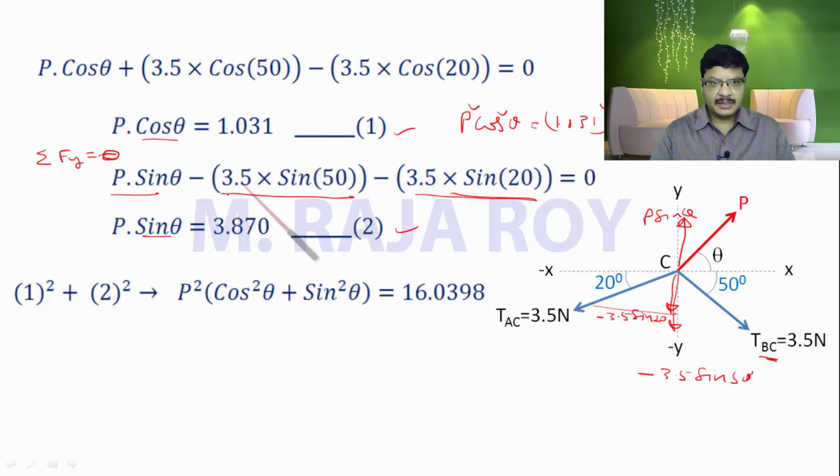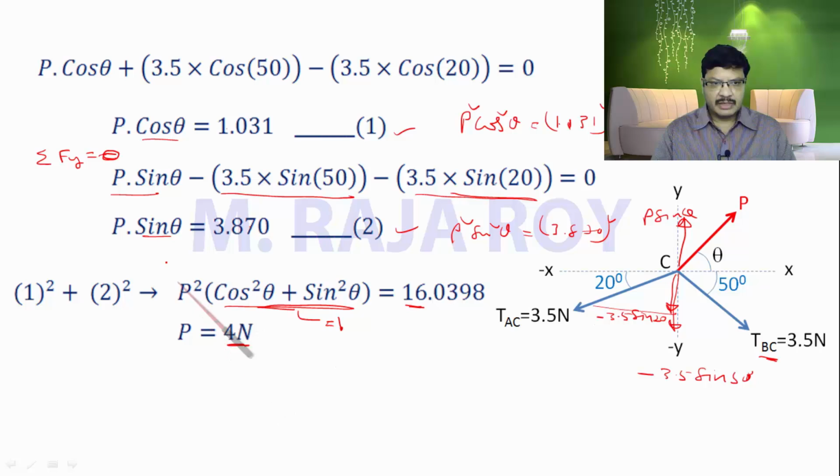In the same way, P square sin square theta is equal to 3.870 square. Now I am adding, taking P square as common, then cos square theta plus sin square theta. This entire term value is 1. That's why P square equal to 16, P equal to 4 Newton. In this way you can get the P value. Now what about the theta value?